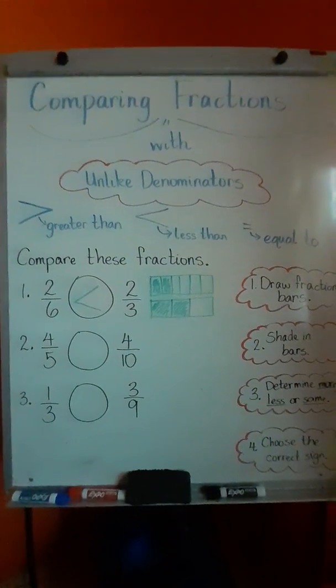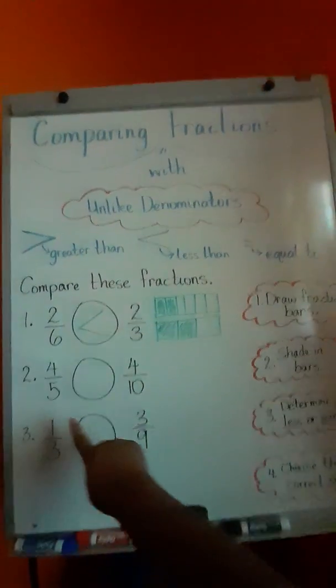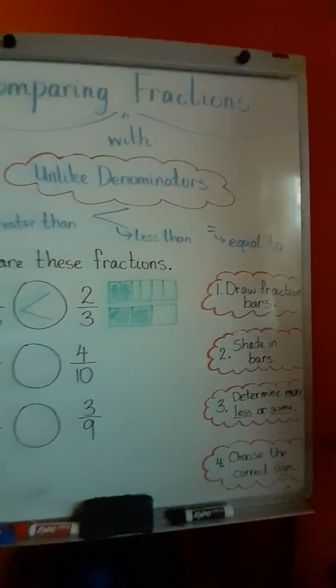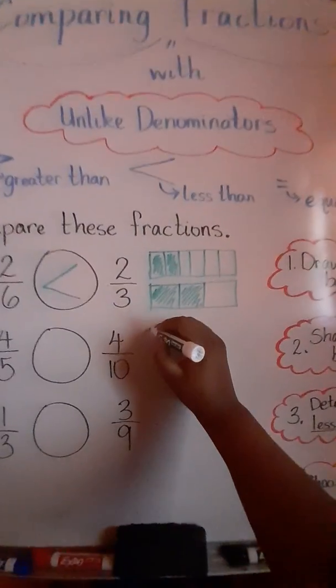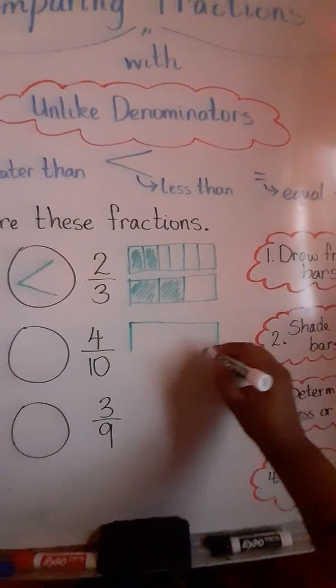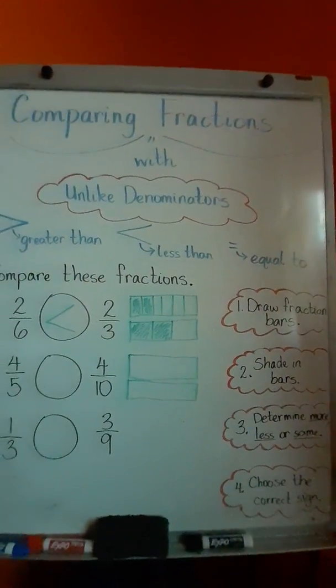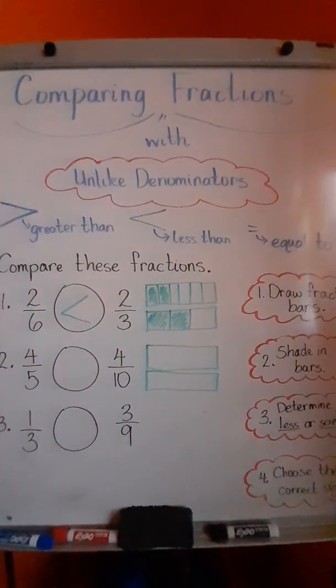4 over 5 and 4 over 10. Our denominators are different. Step 1, draw fraction bars. Now we have to make sure that the fraction bars are divided equally into parts.